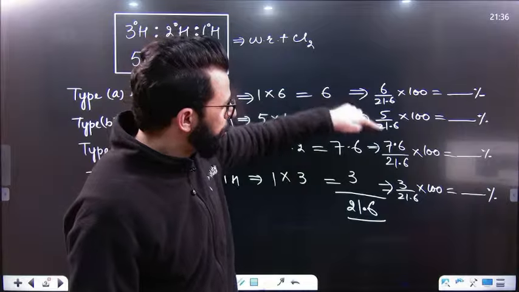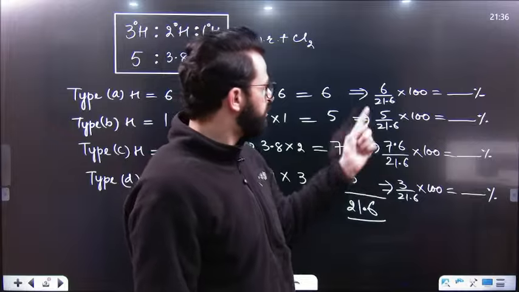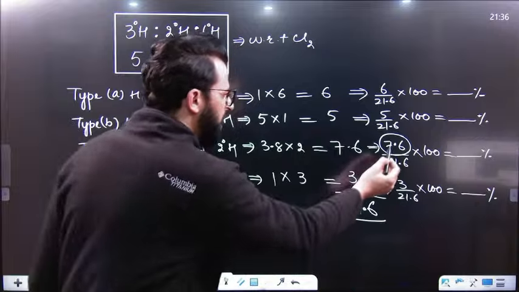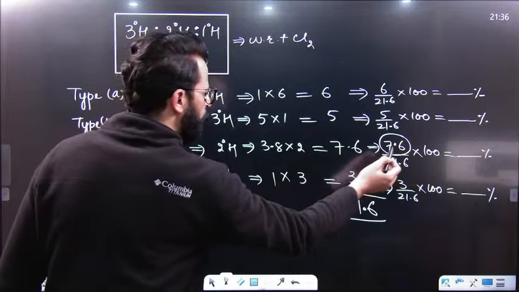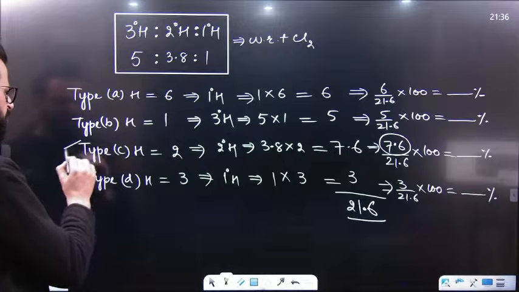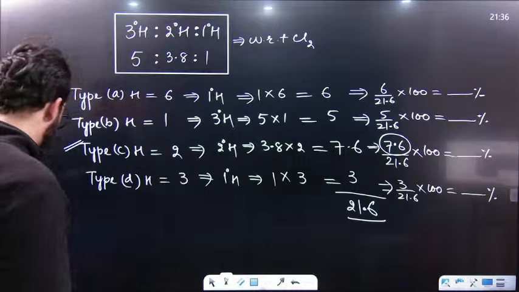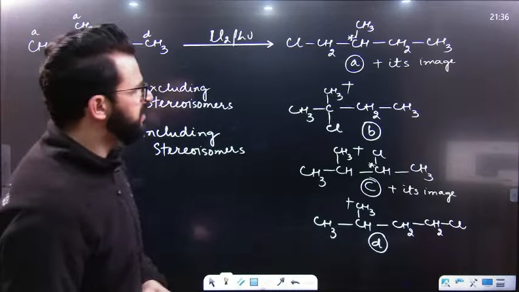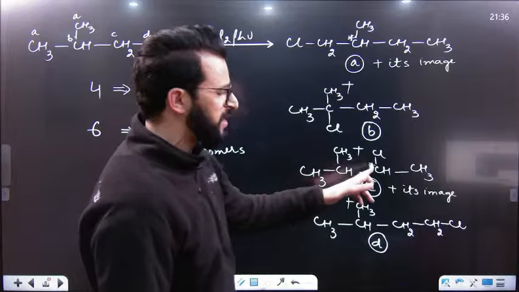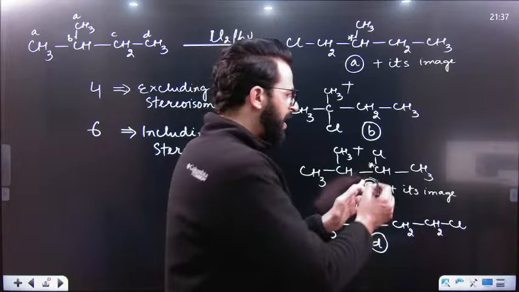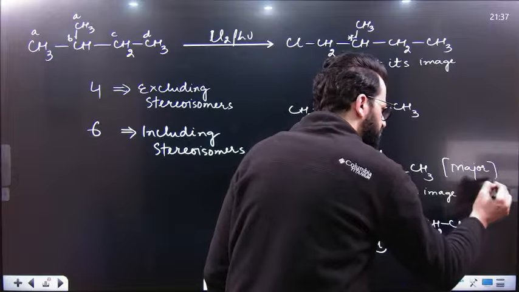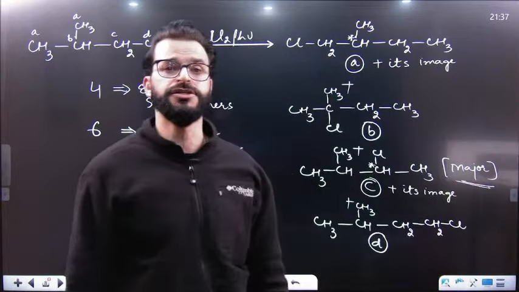We know denominator is same everywhere, but numerator is very much high over here as compared to others. That means this value will be obviously more and this is type C. That means if we replace type C hydrogen, product will be this and this product will be the major product.